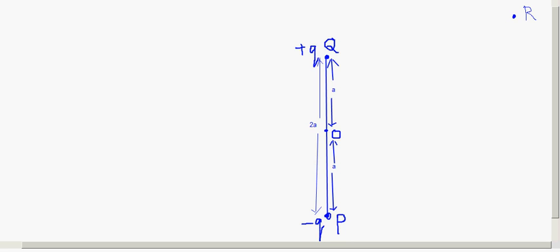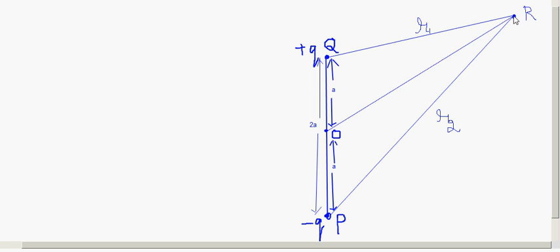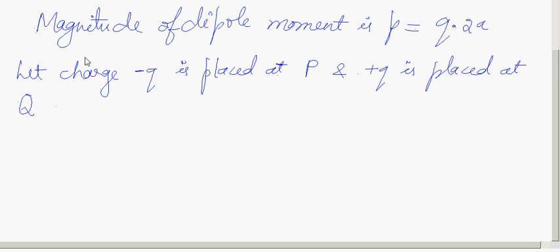Let the distance between Q and R be R1, and between P and R be R2. So this distance is R1, this is R2, and from the center O it is at a distance R. So this is the arrangement. We said charge minus q is placed at P and plus q is placed at Q.